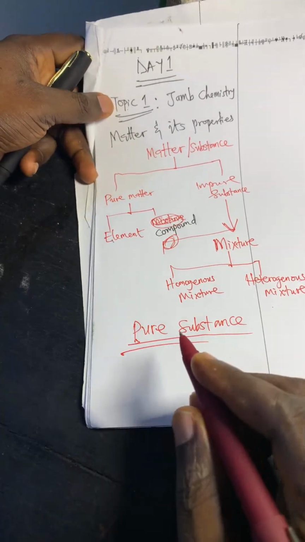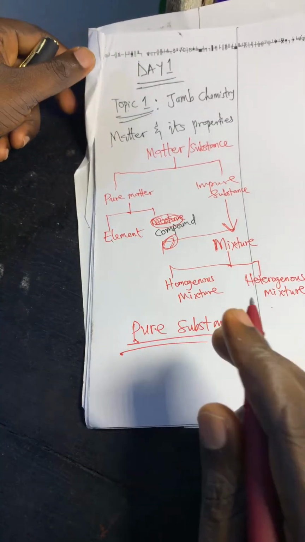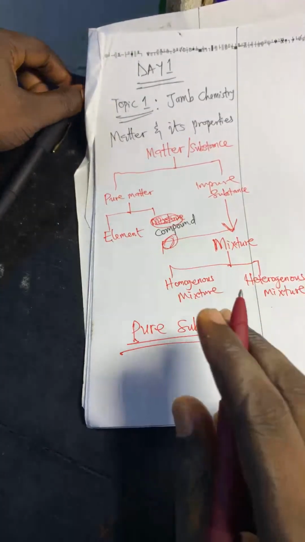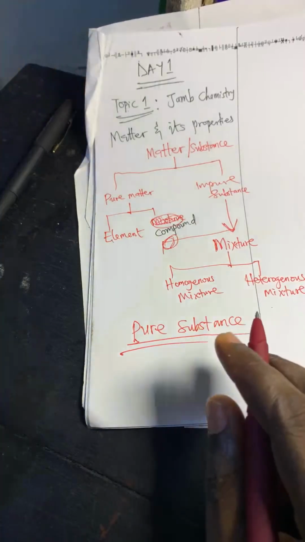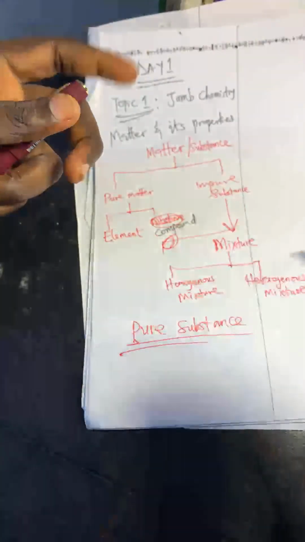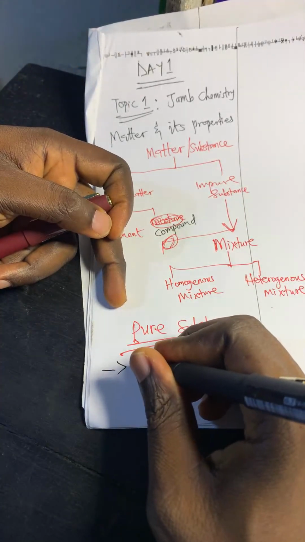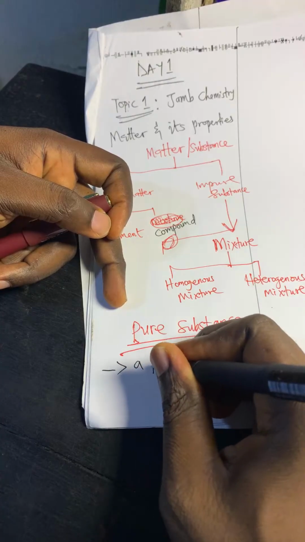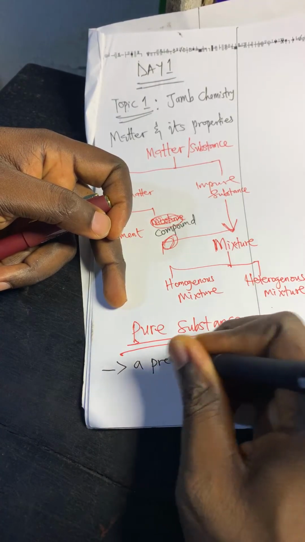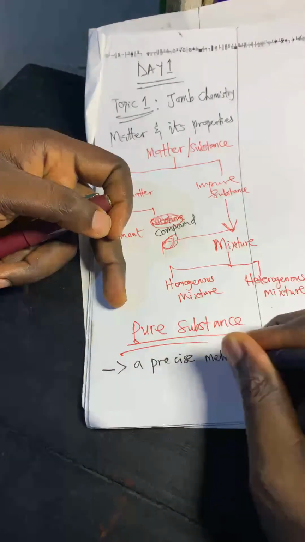I say pure substance shows the following properties which can be used as a test for purity, and of course that is what distinguishes it from impure substance. What are those properties? As a pure substance, you must have, that is why I say you should have your pen and paper, a precise melting point.